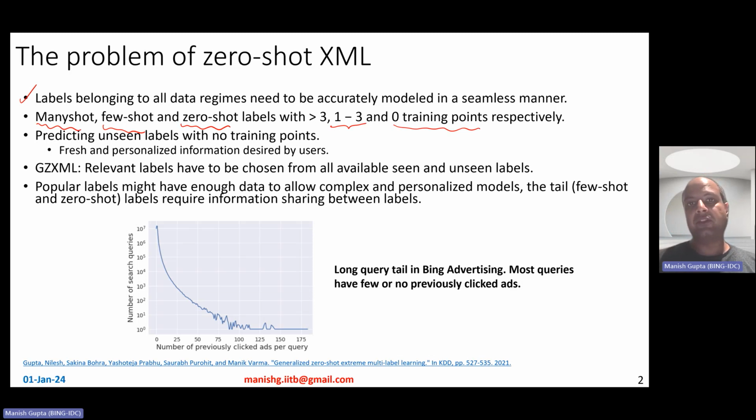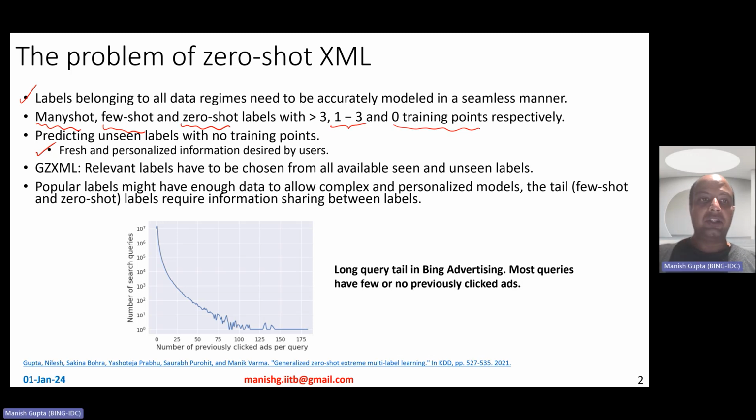For example, if you think about the problem of mapping a query to a document or mapping a query to an advertisement, new ads keep coming up every day. So there is fresh and personalized information that is desired by users, which basically means that there could be several unseen labels which are naturally required to be supported by such extreme classification applications.